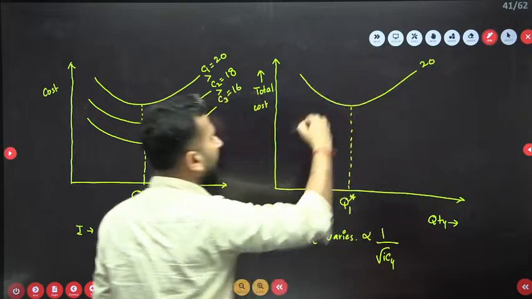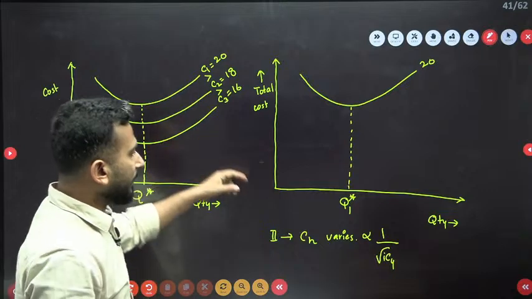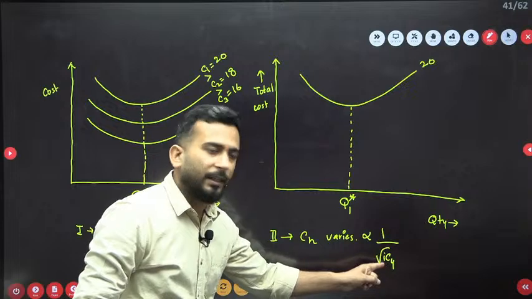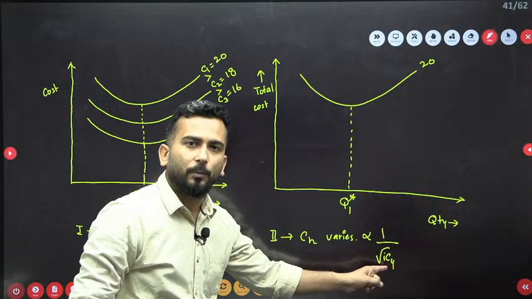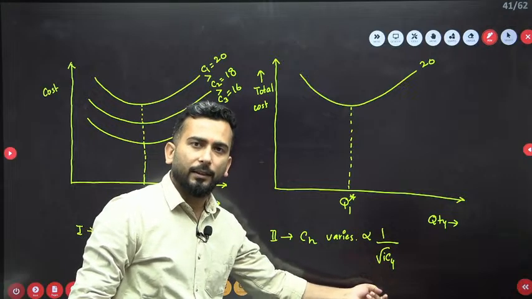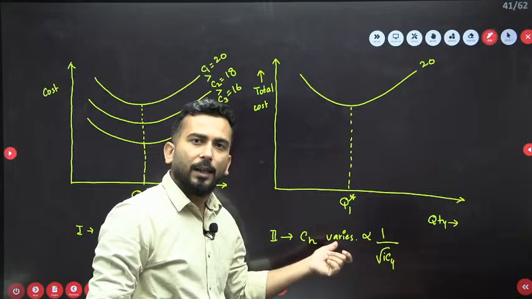And suppose if I give a discount and the unit price becomes 18 rupees. Earlier it was 20 in the denominator and now it is 18, so it is decreasing in the denominator. So CH will increase.